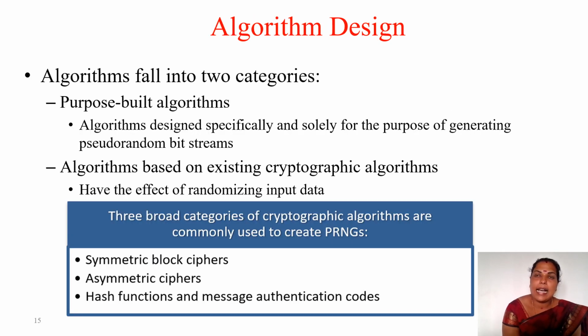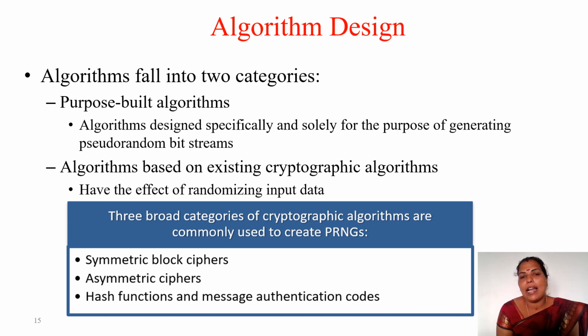So the next is algorithm design, that is we have to use these things in different cryptographic algorithms. Whatever algorithms we are having are purpose built algorithms, that is algorithms designed specifically and solely for the purpose of generating pseudo random bit streams. So that is the purpose built algorithms.